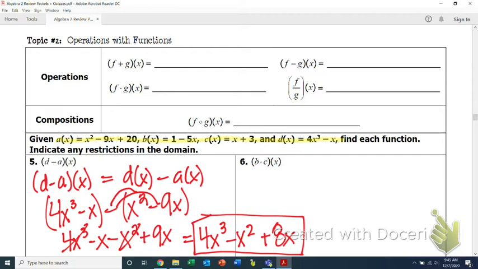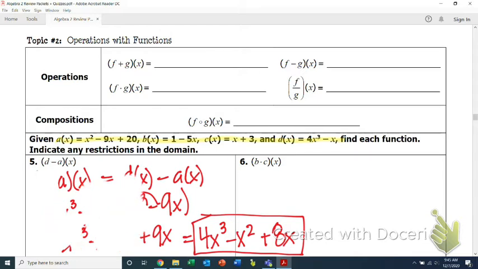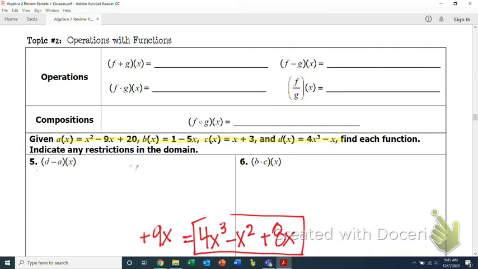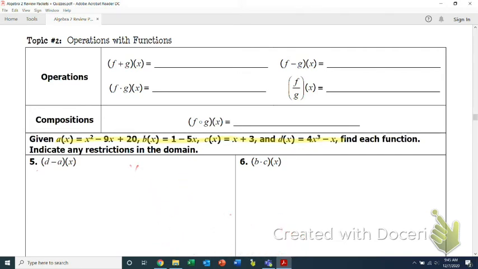All right, next, make that bigger. On number 6, this time we are multiplying. So, B of x times C of x.